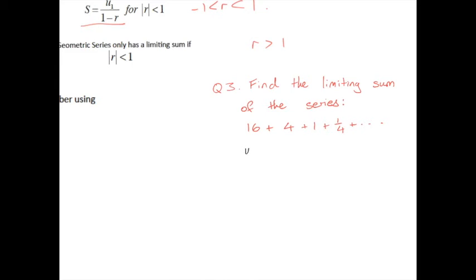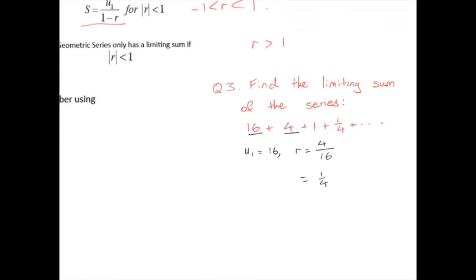U1 is 16, I agree. What else can you tell me? R is, no, 1 on 4, thank you. R is U2 over U1, 4 over 16, which is a quarter.